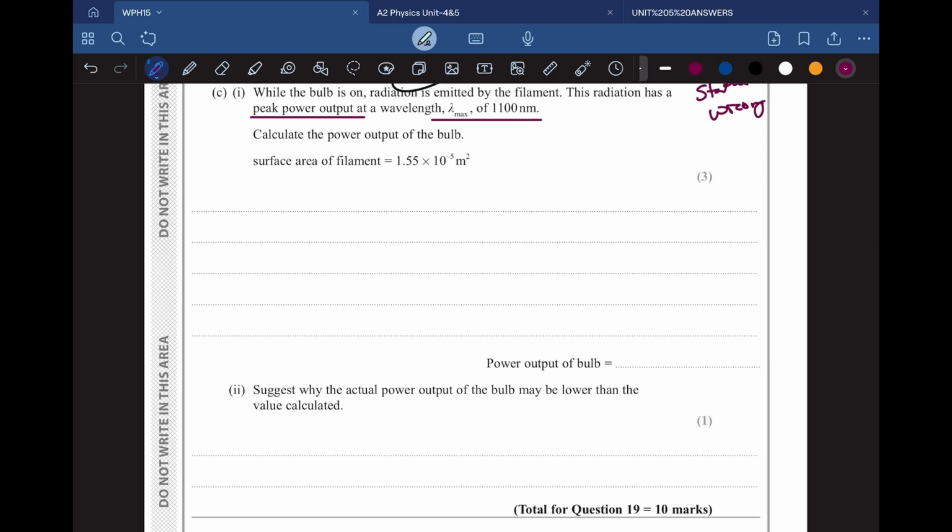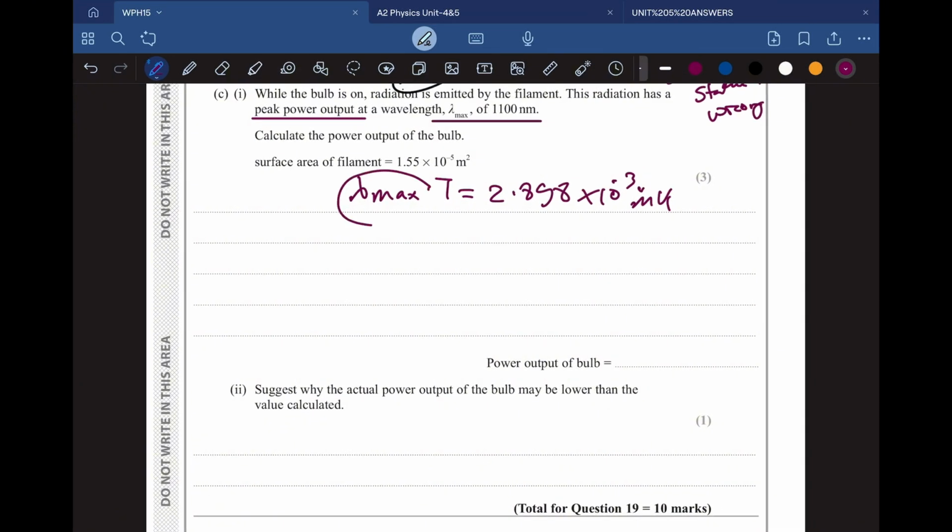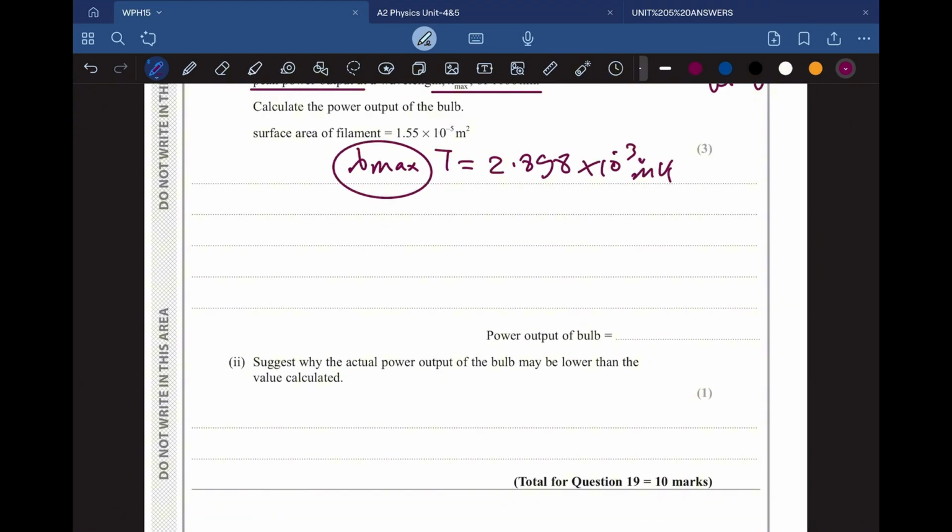So this can be written as, we know there is a formula which is lambda max T is equal to 2.898 into 10 to the power minus 3 meter Kelvin, right? Now we have got the lambda max as 1100 nanometer, so we can write it down like this: 1100 into 10 to the power minus 9, and we know this value as well. We can easily figure out this temperature.